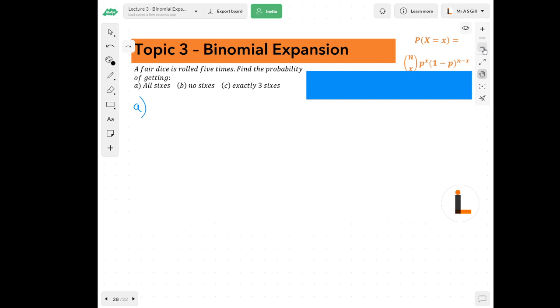So if we just get rid of parts B and C, part A is essentially a GCSE question, right? This is asking what's the probability of getting 6 and 6 and 6 and 6 and 6.